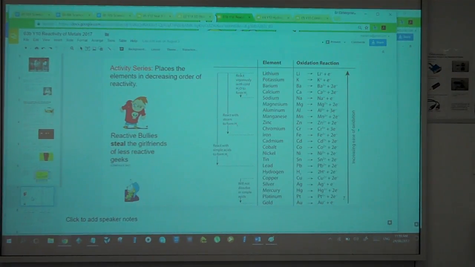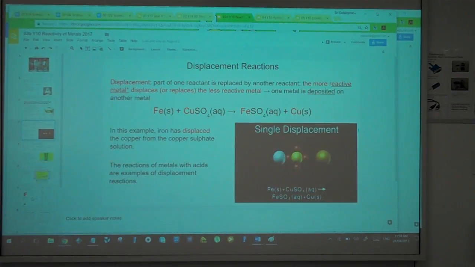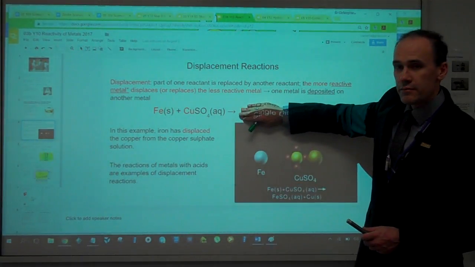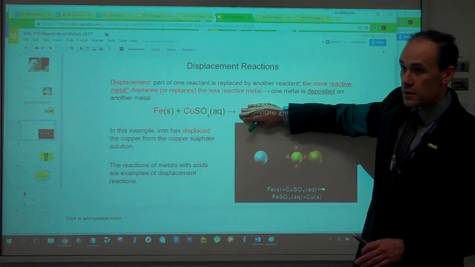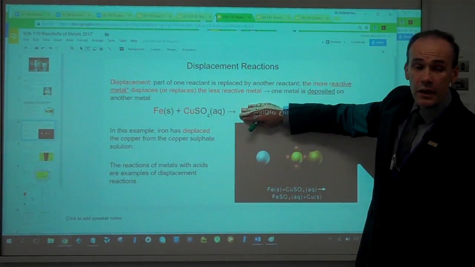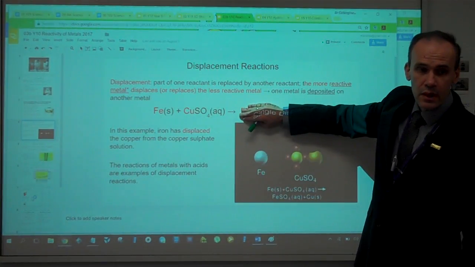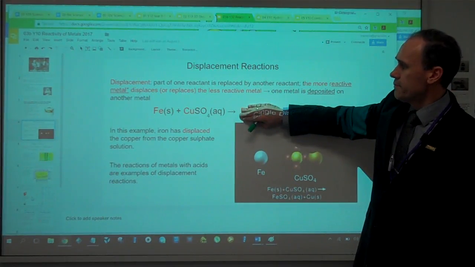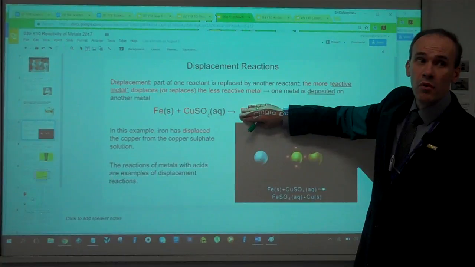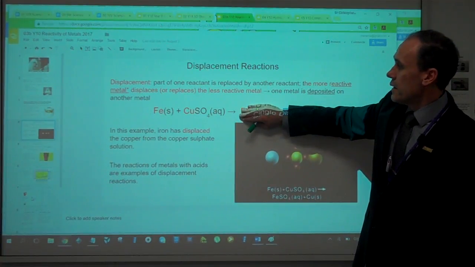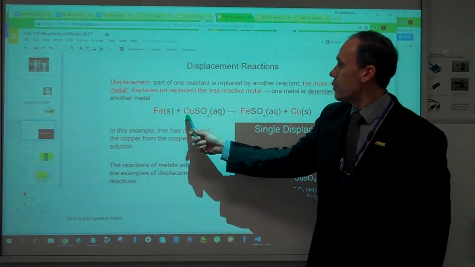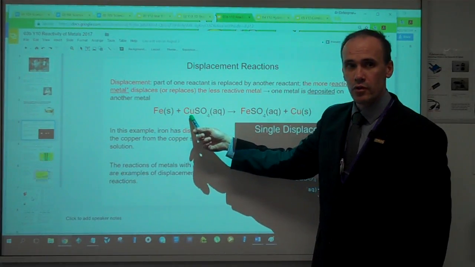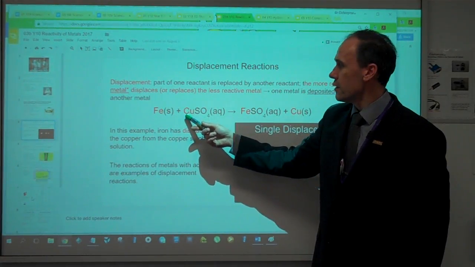Back to our little equation, our example. So, if given that, you should be able to tell me, using the table, if a reaction is going to occur. You would look at the reactivity series, and you would say, iron is more reactive than copper, so iron can push the copper out of the way and get the sulfate girlfriend, or boyfriend, whichever way you want to read that.